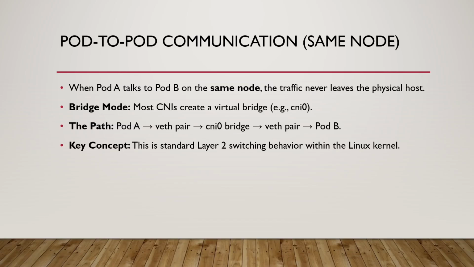In bridge mode, most CNIs create a virtual bridge like cni0. The path will be pod A to its veth pair, then the CNI bridge, then the veth pair of pod B, and then to pod B's side of the interface. But sometimes some providers also use a routing-based method, where they maintain dynamic routes inside the host namespace.